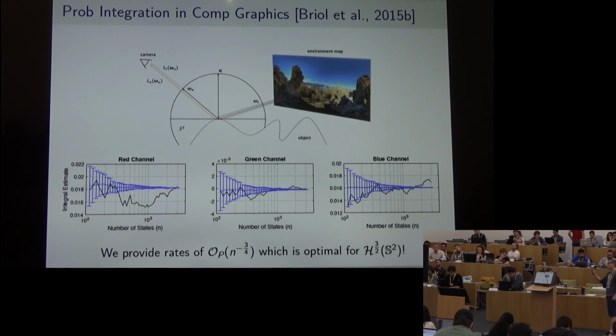And as I said, for this particular space on S2, we are able to achieve the optimal rates of convergence. Now this is kind of cool because this is a very generic framework, and in this case here, we are able to beat the Monte Carlo scheme, which of course is unsurprising because we are exploiting the mathematical structure of the space of functions.